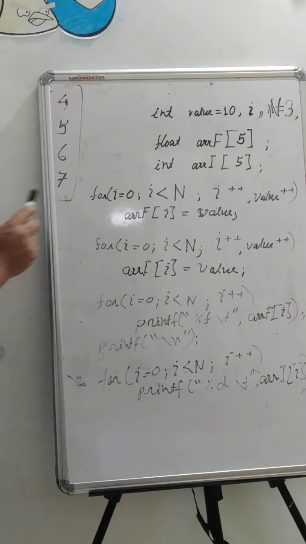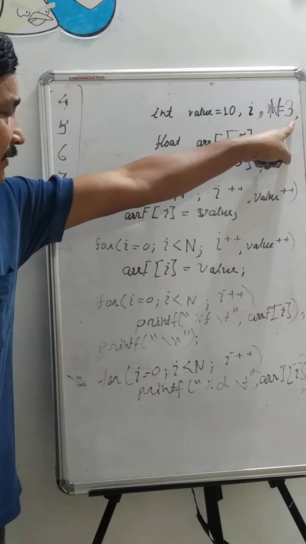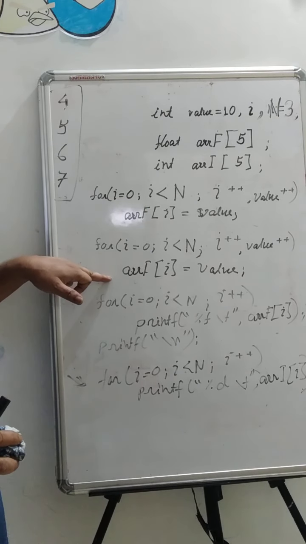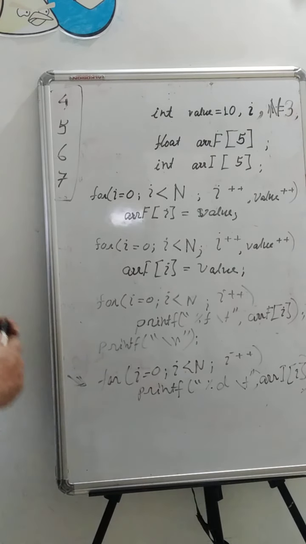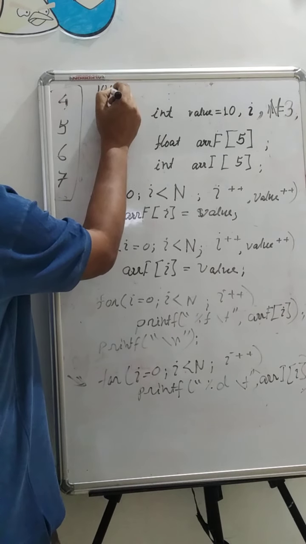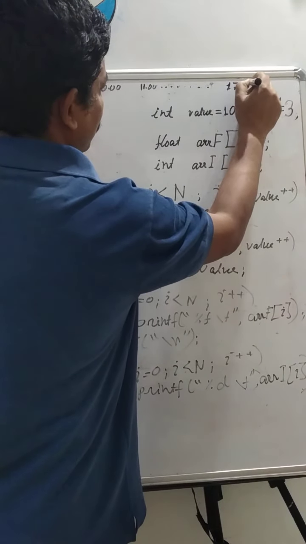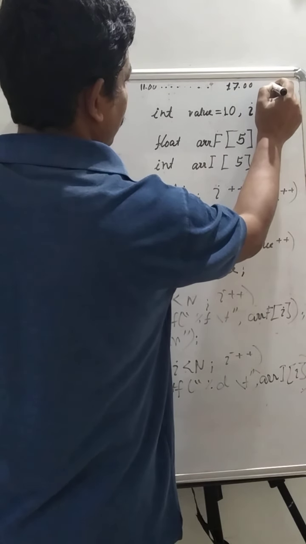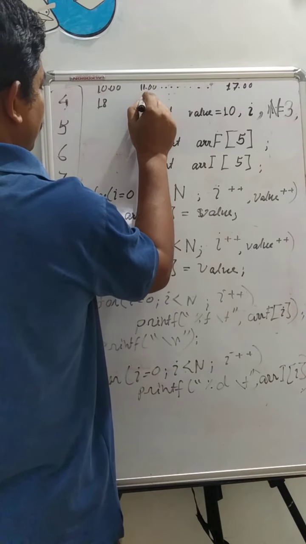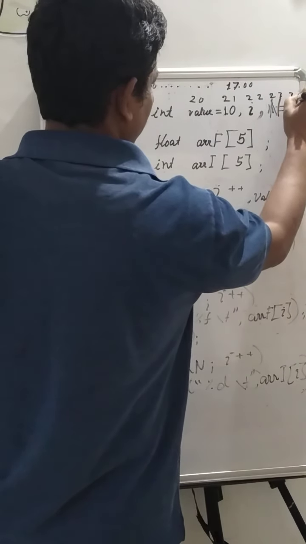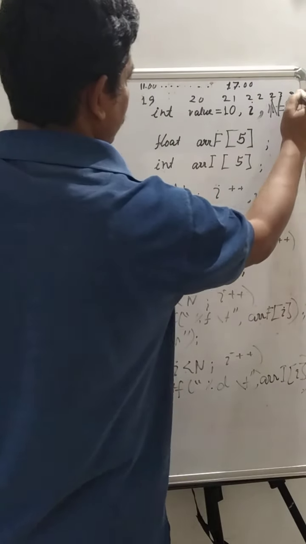What you are expecting is that when your capital N value is 7, we will enter the values from 10 onward up to 17 into the first array, then 18 to 24 into the second array, and the output should be of this form, and 25.